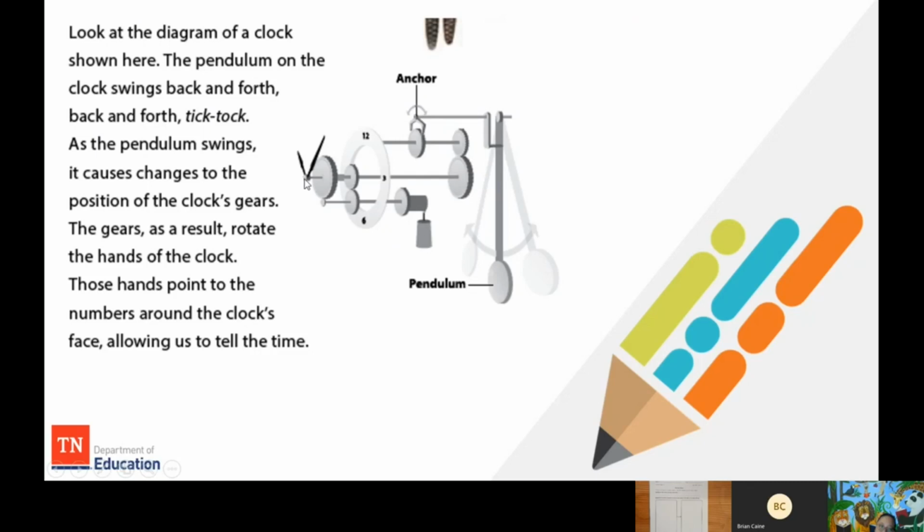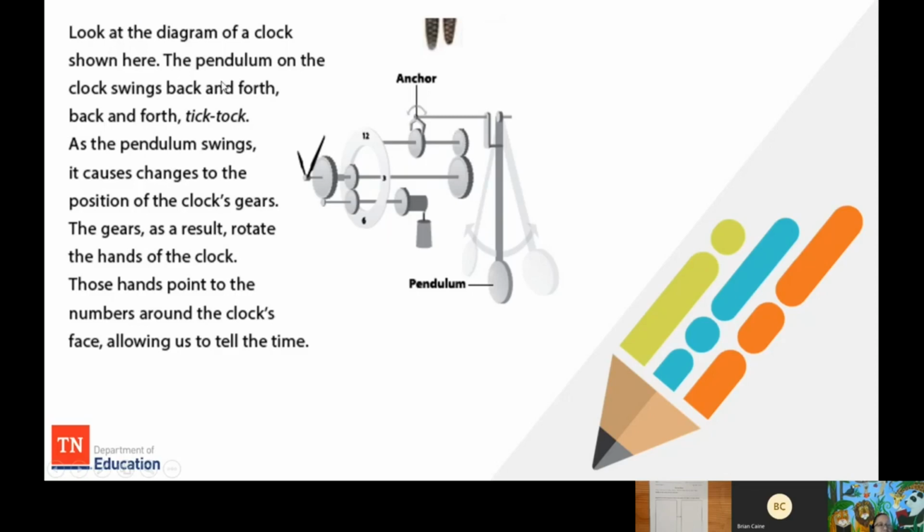And these, I think, are the hands on the clock, the hour hand and the minute hand. The reason I think that is because I can see on this ring 12, 3, 6. Those are the hours of the day. And then here's the pendulum. And I can see back here it has light gray, where it has the arrows. So that's showing me that the pendulum goes back and forth.